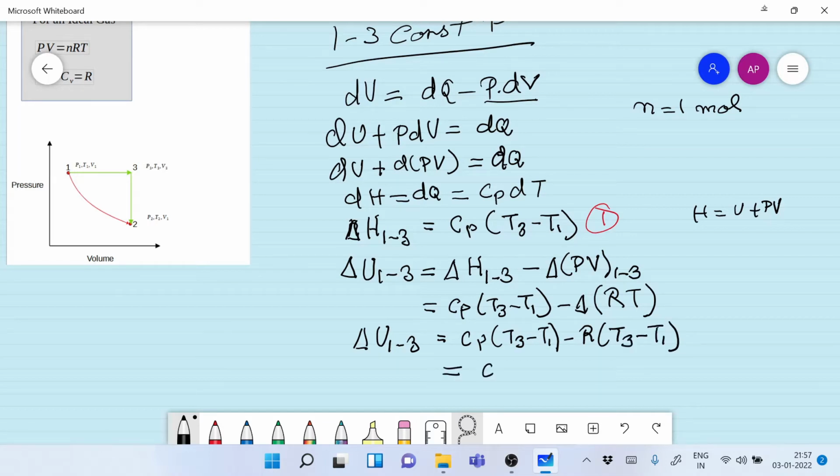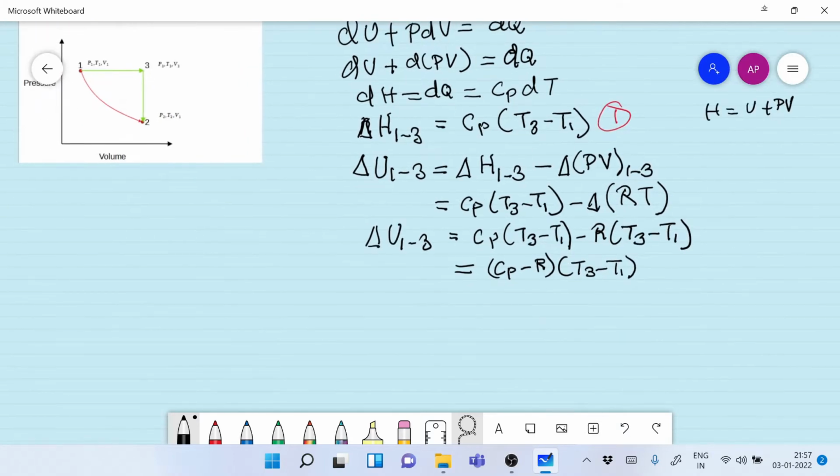Collecting the like terms, the internal energy change for process 1 3 is Cv into (T3 minus T1), since Cp minus R is Cv for an ideal gas.